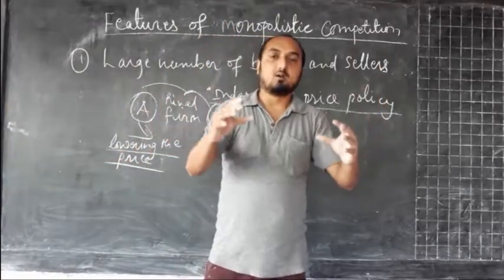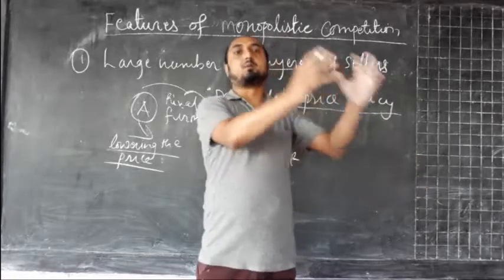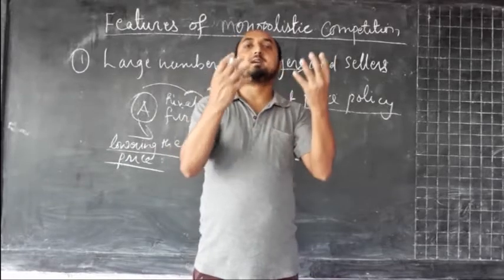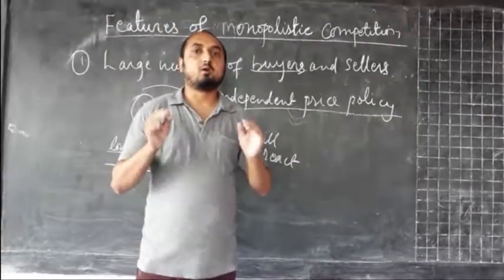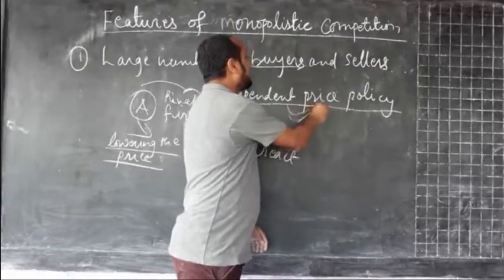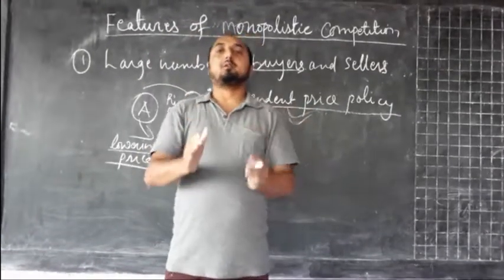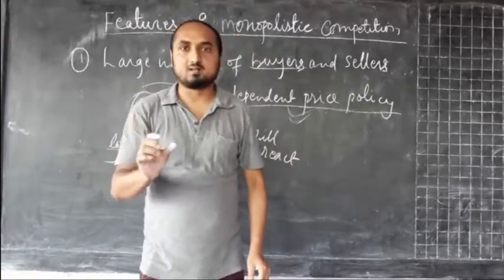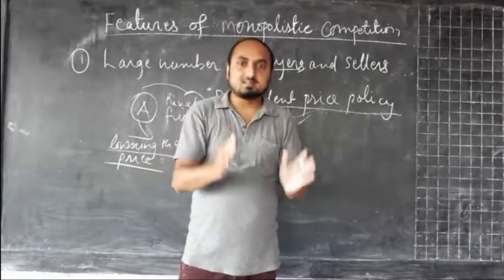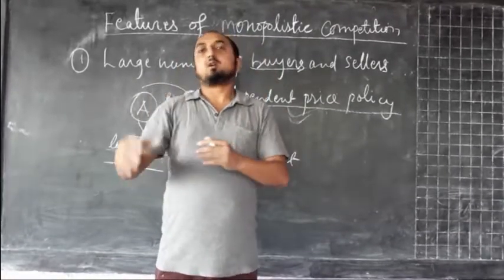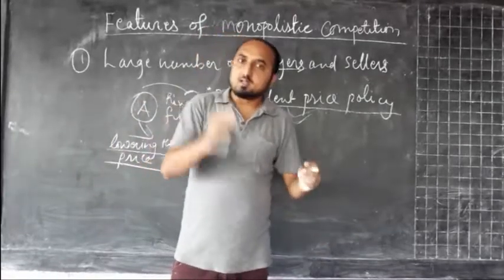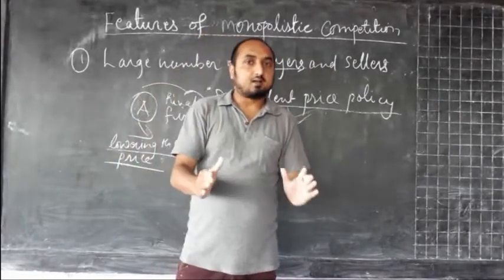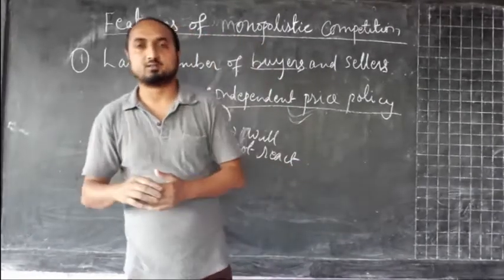So because of a few features taken from the perfectly competitive market and a few from the monopoly market, it is a blend or mixture of both. The firms are price makers because they set the price for their own product. That means they set different prices for their different products, and that policy is called independent price policy.